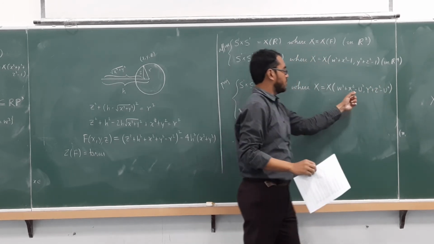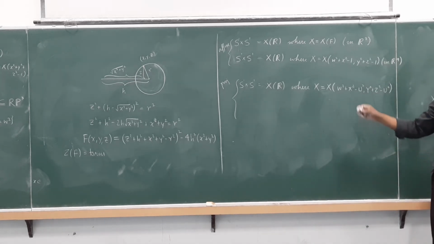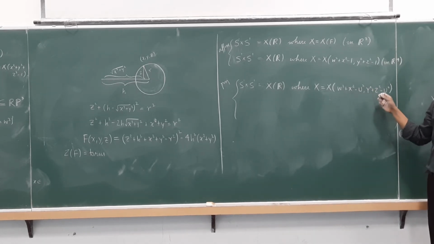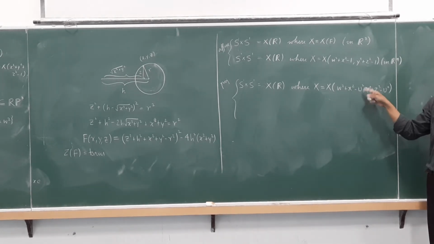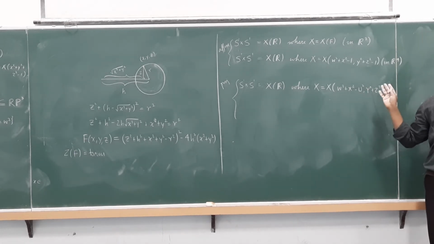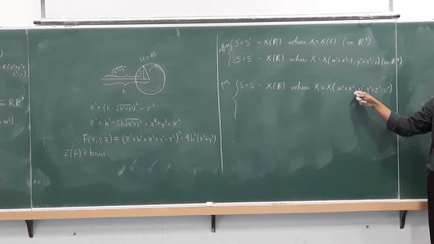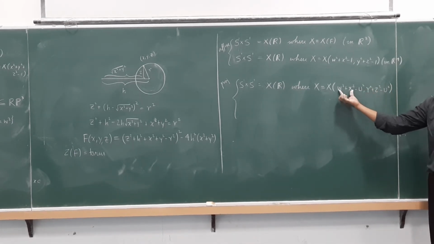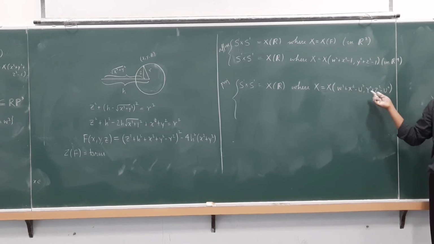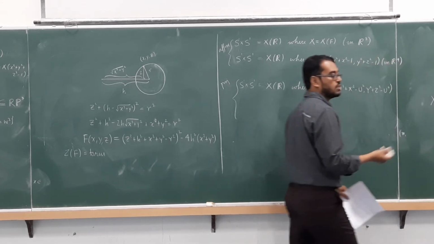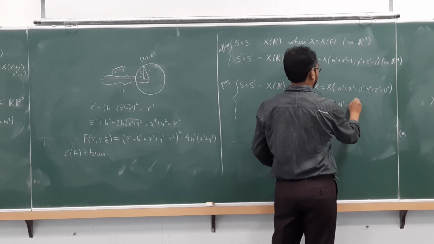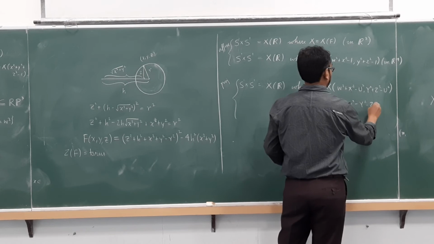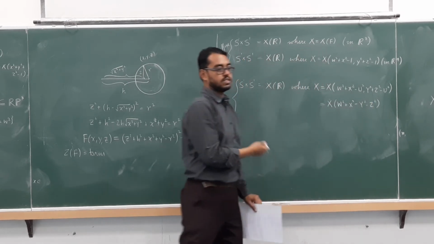But you realize that you don't really need the u squared because whenever you're saying both have a common 0, this is simply saying this is equal to this, right? And if u is 0, there are no real solutions anyway. So it's only when u is non-zero does this matter, and when u is non-zero, this is equal to u squared, this is equal to u squared. You don't really need two equations, you just need one equation. So this is equivalent to X of w squared plus x squared minus the same thing.